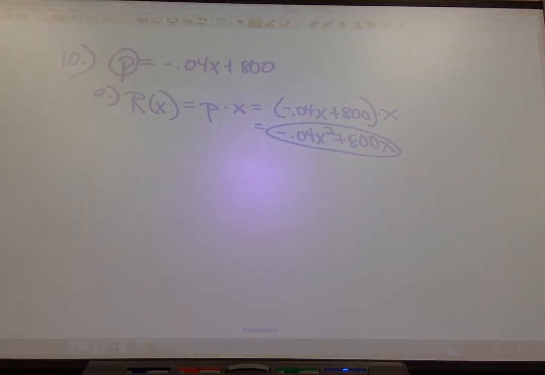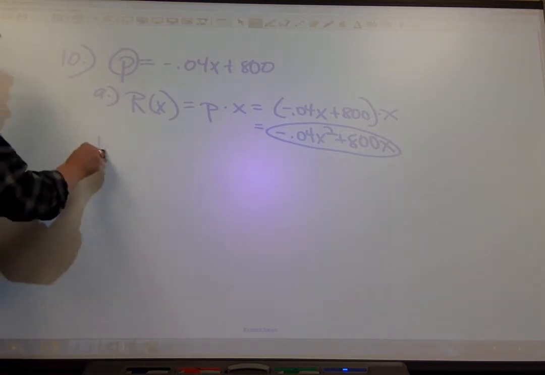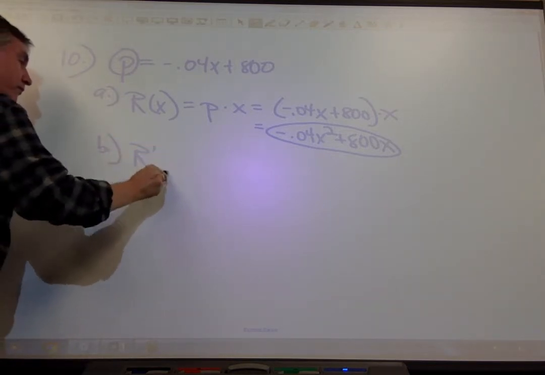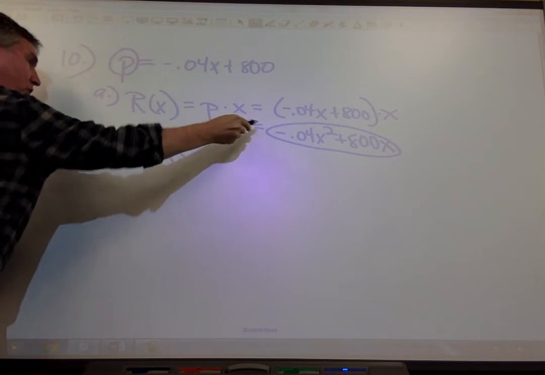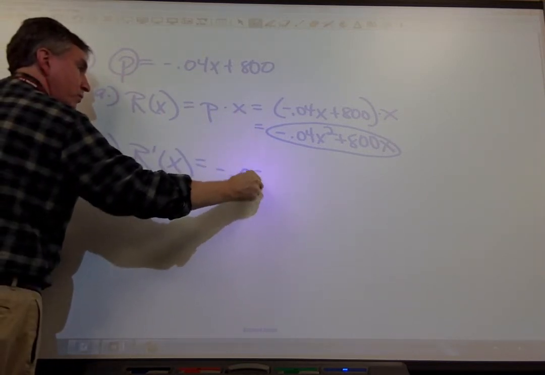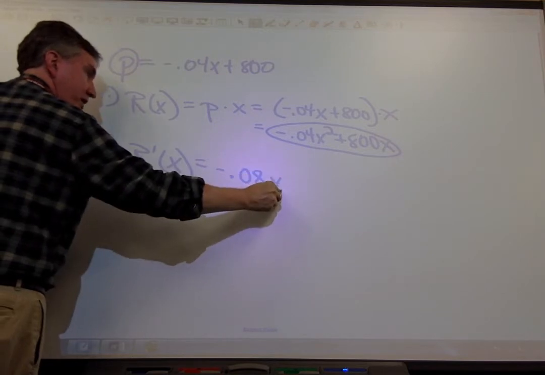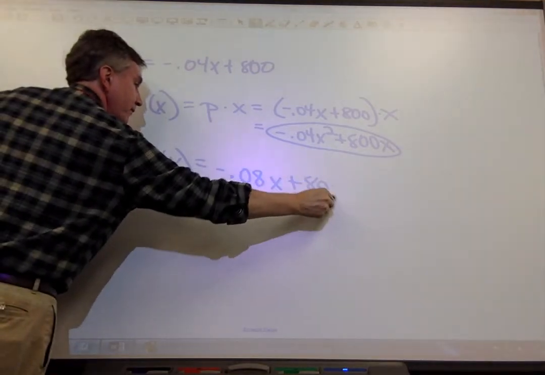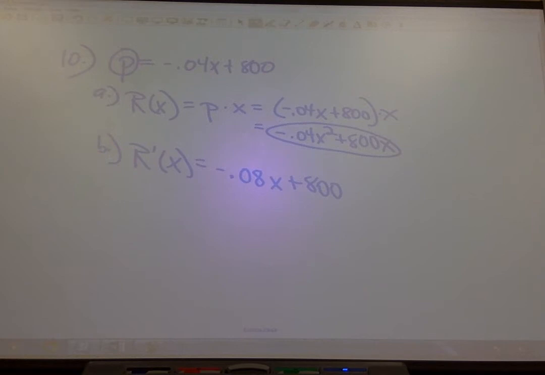Selling price times number of units. Okay. Find the marginal revenue, R prime. What will R prime be? Negative 0.08x plus 800. Would you agree with that? Okay. And then they just say compute R prime of 5,000 and interpret it.